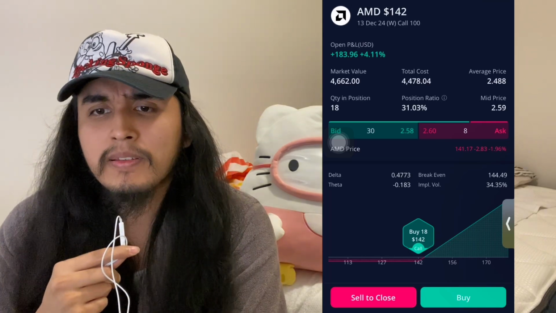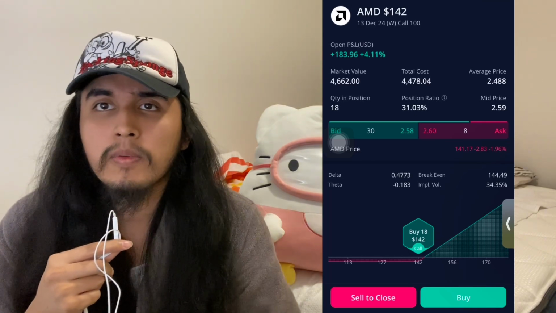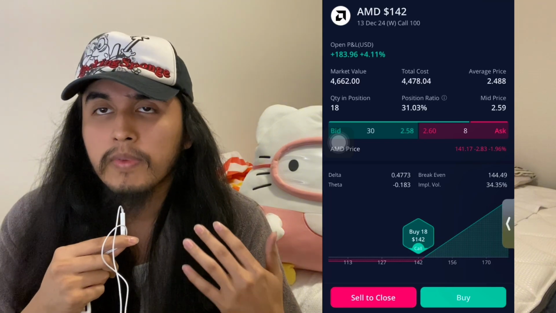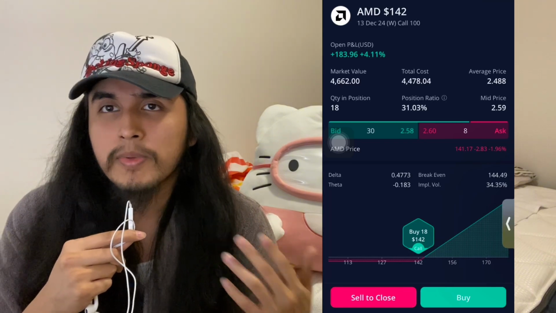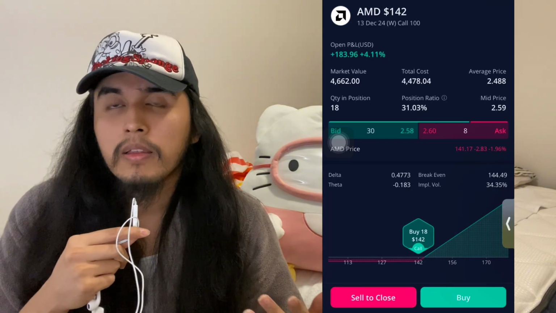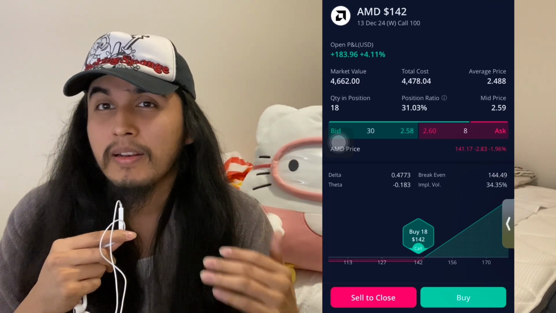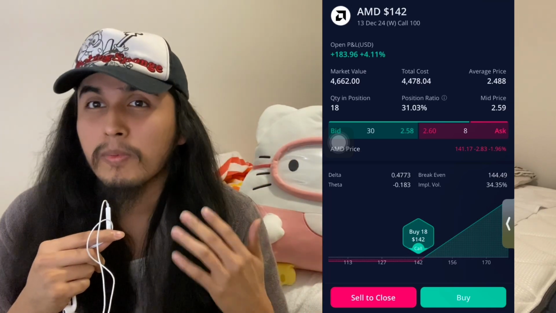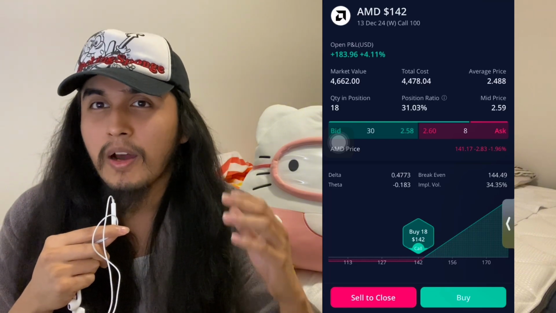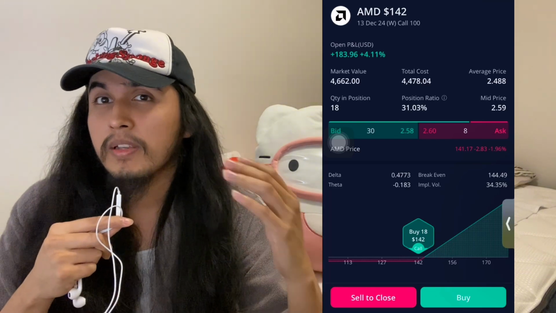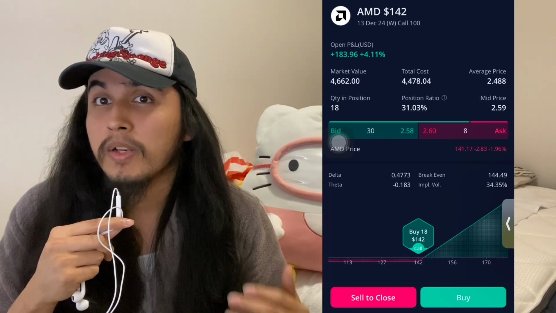And so basically, when you trade options that expire in 1 or 2 weeks, the most that it'll go down by is at least 10%. Now, if that stock is having a really, really bad day and you caught it at a bad moment, the most it could go down by is 20%.